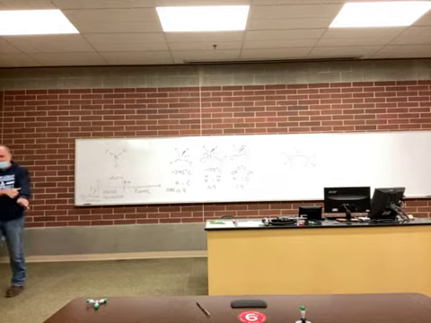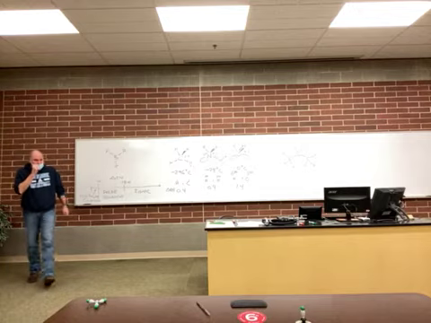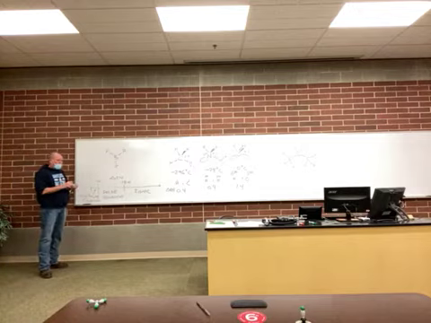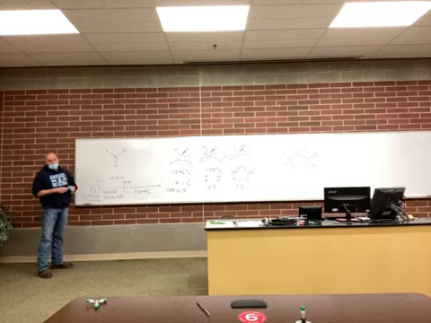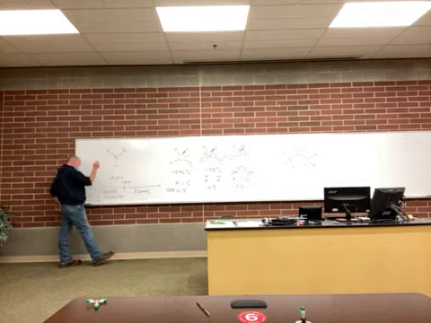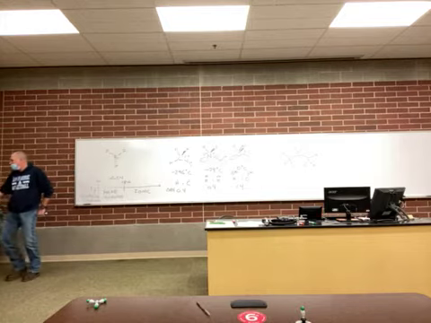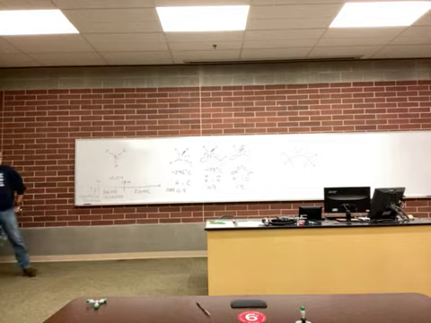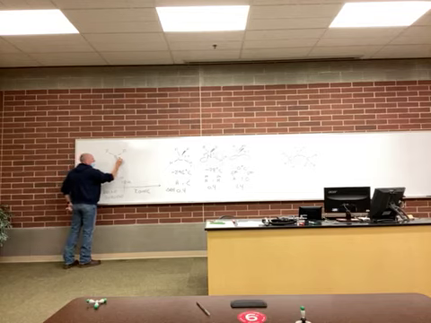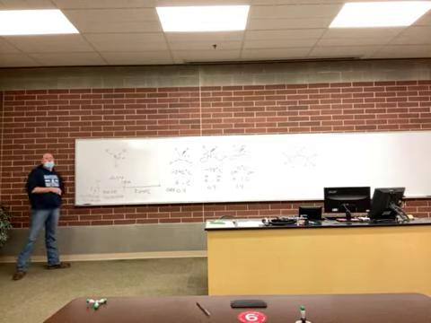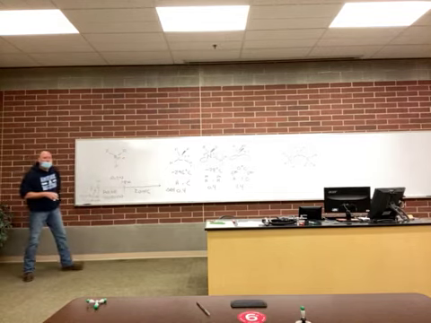It likes 6, not 8. So that's why it has 6 around it, not 8. Perfectly happy molecule. But what's the electronegativity of boron? 2.0. What's the electronegativity of fluorine? 4. Holy moly.